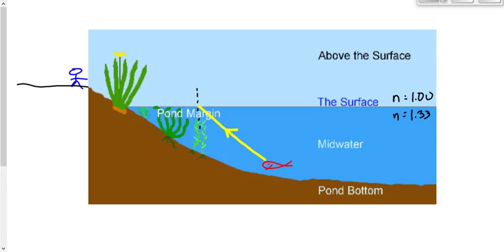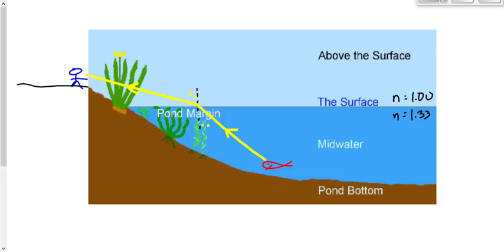It's going to increase. It's going to speed up, right? If v goes up, then theta will go up, right? So as measured from the normal line, theta 2 will be bigger than theta 1, right? This is theta 1, this is theta 2.